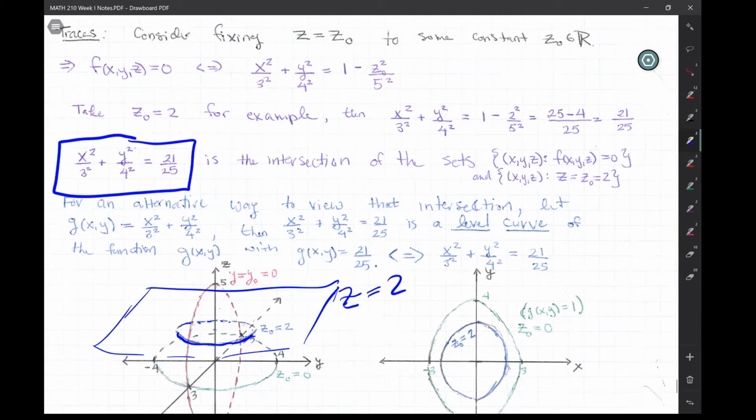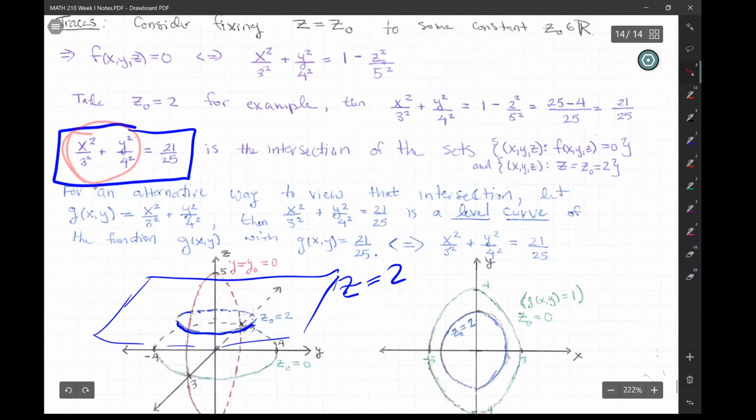Our object intersects at these different xy's when z equals 2. Another way of saying that is I could take just this left-hand side and create a new function g(x,y) and set it equal to this, and then this blue ellipse, which I draw on the xy plane.